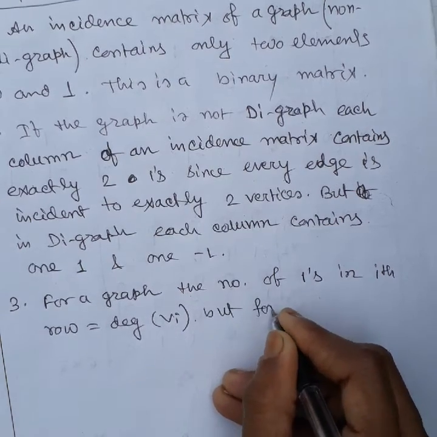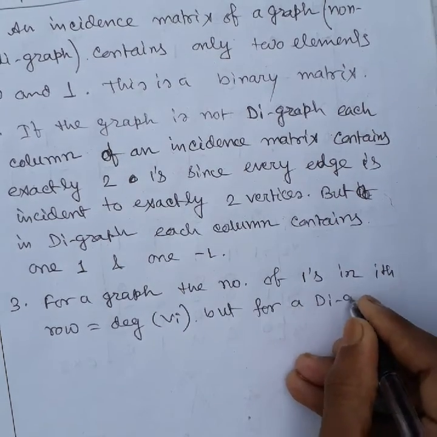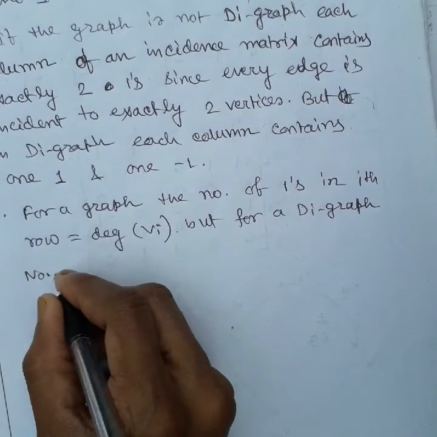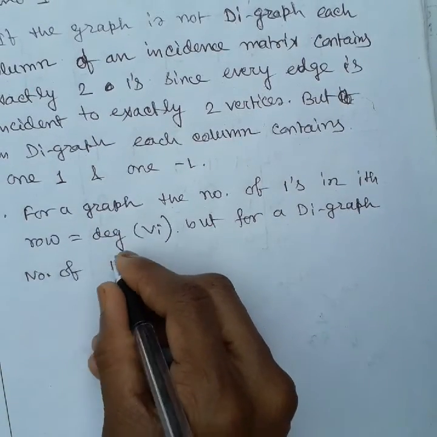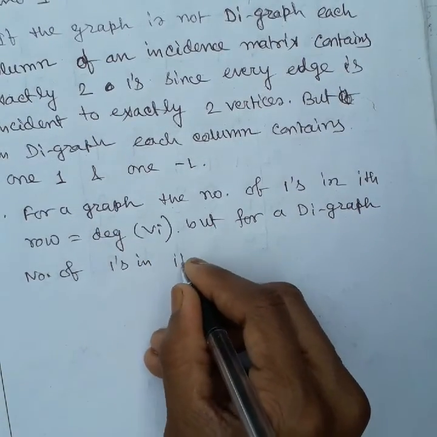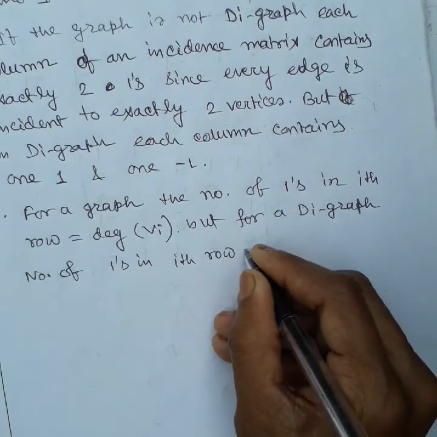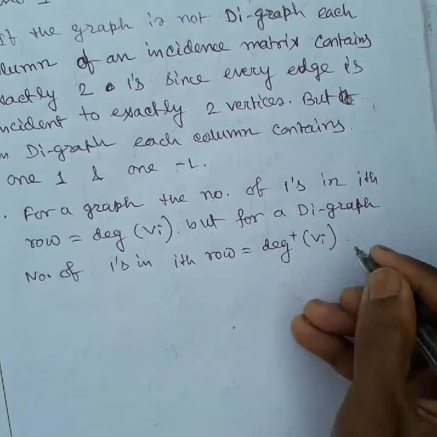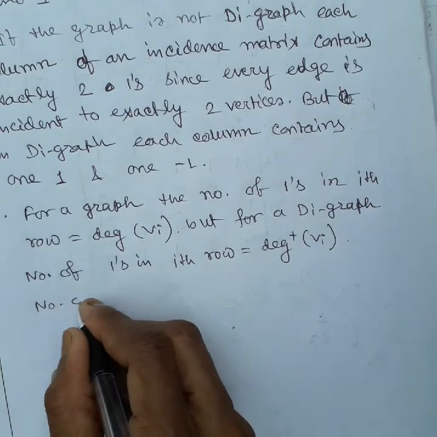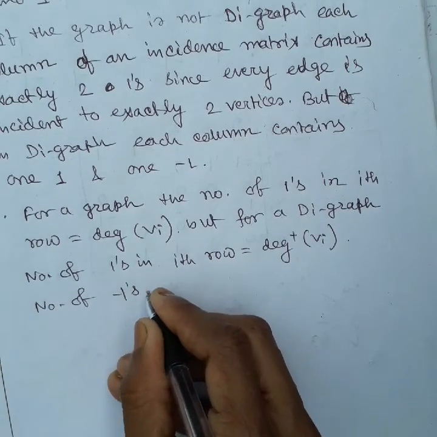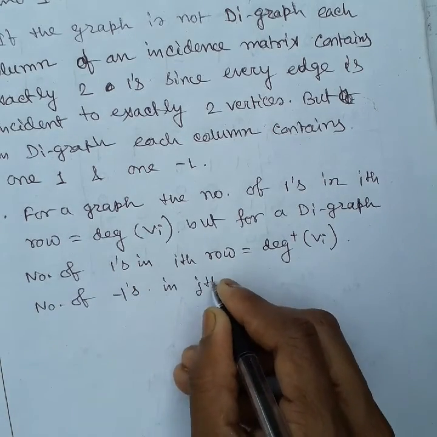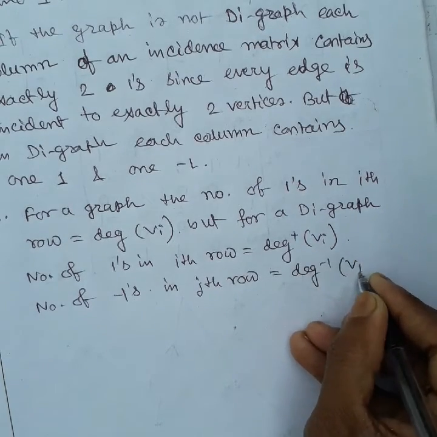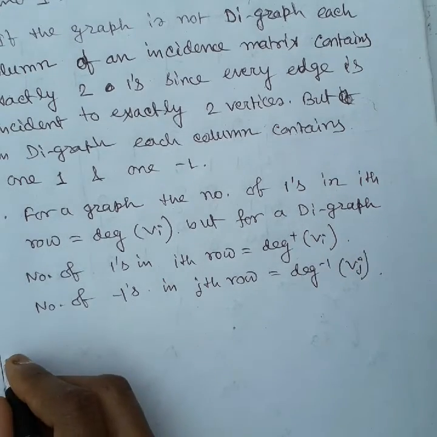But for a digraph, the number of ones in the ith row is equal to the positive degree of Vi, and the number of minus 1 in the jth row is equal to the negative degree of Vj.